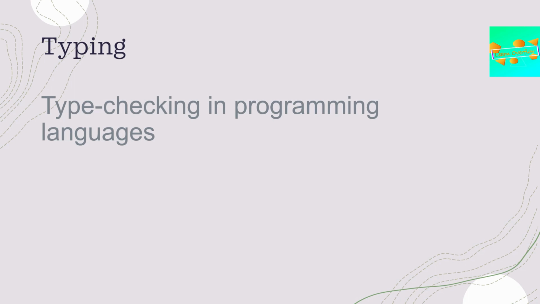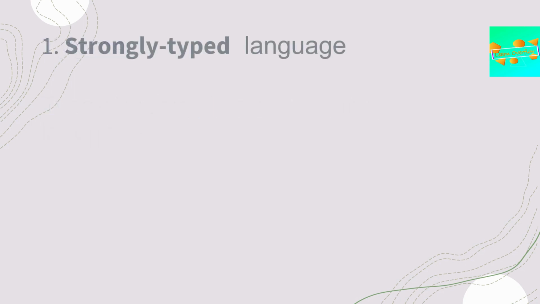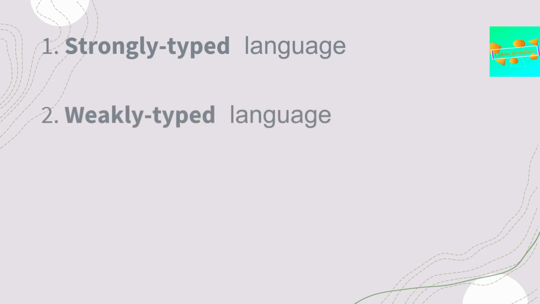What is this type checking in a programming language? Let's deep dive and see what this is. Typing is basically of two variants, and the first one is strongly typed languages, and obviously the second one is weakly typed languages.